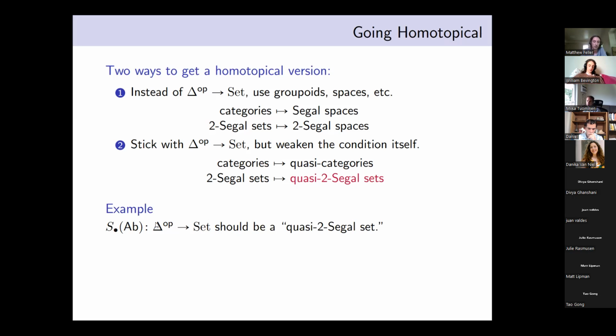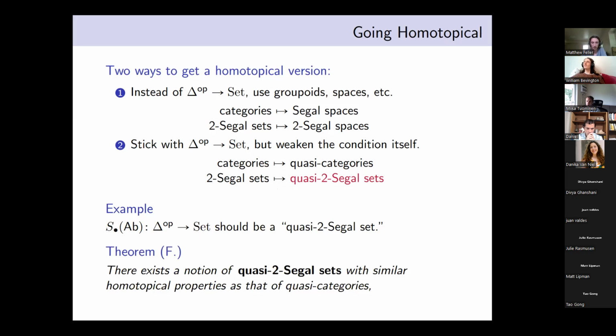You just define the S-dot construction the way you might naively do it, and just don't worry about groupoids or anything. Just talk about the set of diagrams like I was drawing.